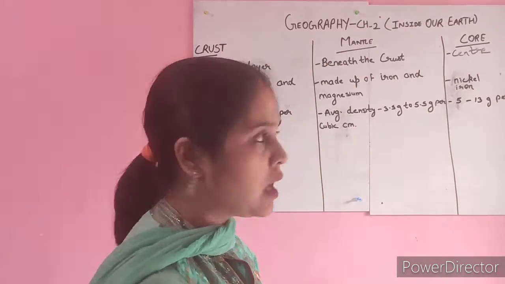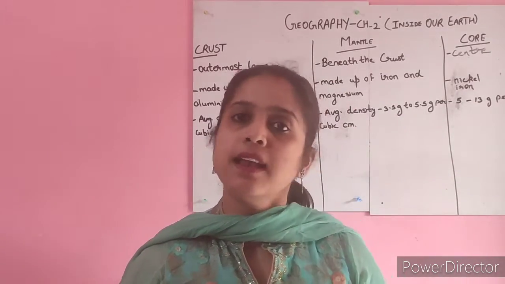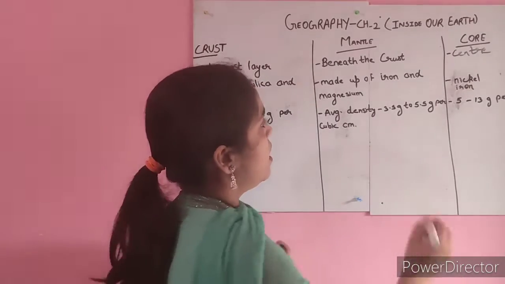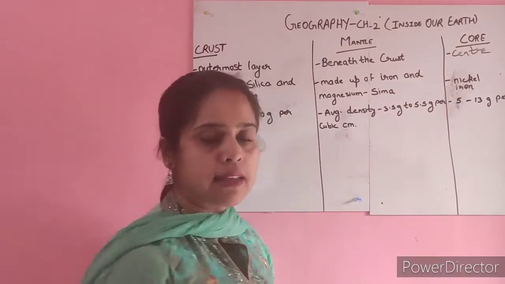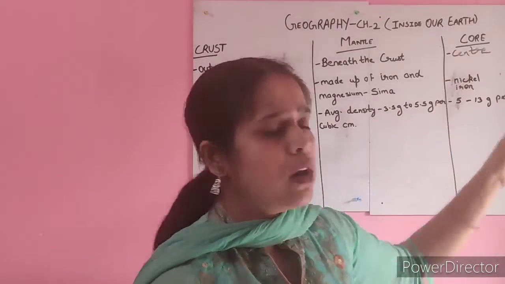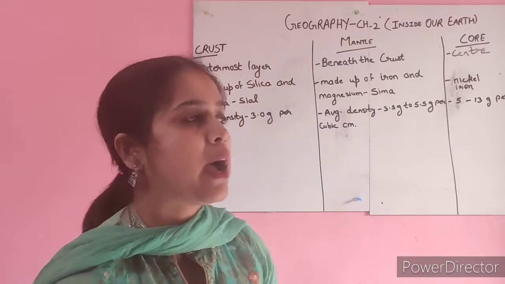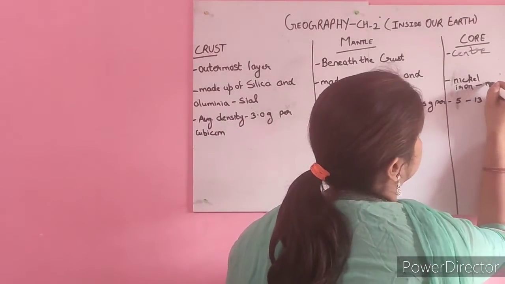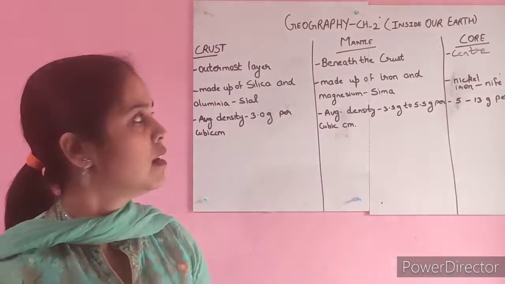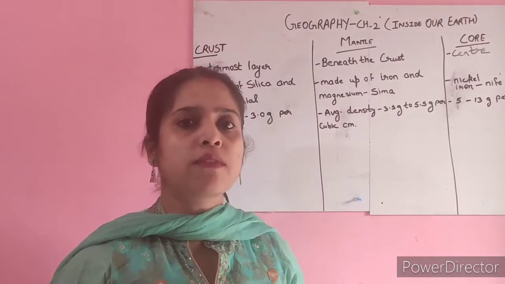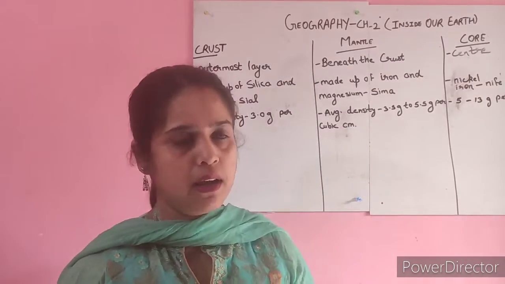That is why it is also known as Sial. Now, mantle is made up of iron and magnesium. That is why it is also known as Sima. Core is made up of nickel and iron. That is why it is known as NiFe. Again, clear this point? Crust is made up of silica and aluminium.